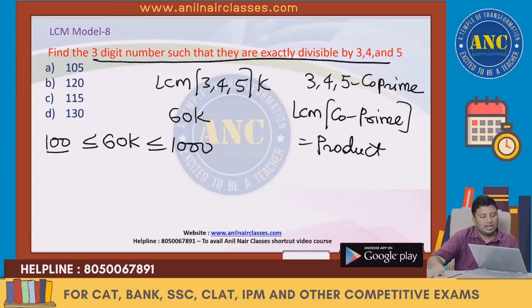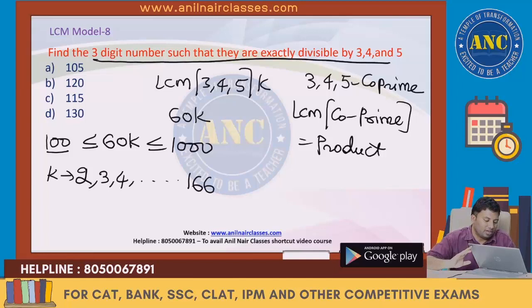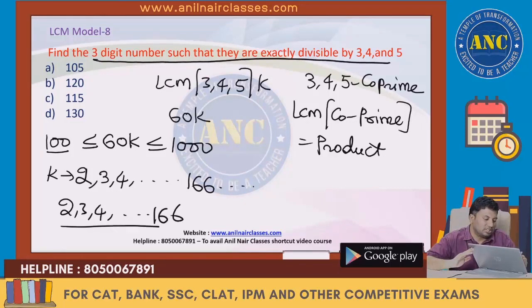So it's a 3-digit number. So k value can be from 2. 60 twos are 120, 3, 4 and so on. 16 point something, 16 sixes are 96, 166 point something. 2, 3, 4 till 166.